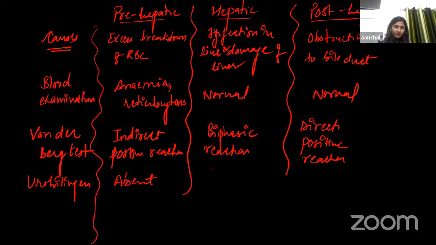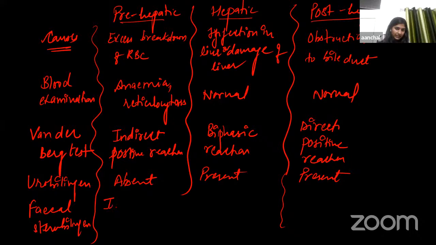And in hepatic as well as in post-hepatic, in both cases, because in hepatic, conjugated bilirubin is present, and in post-hepatic, conjugated bilirubin is present, the urobilinogen will be present. Then next we have fecal stercobilinogen.